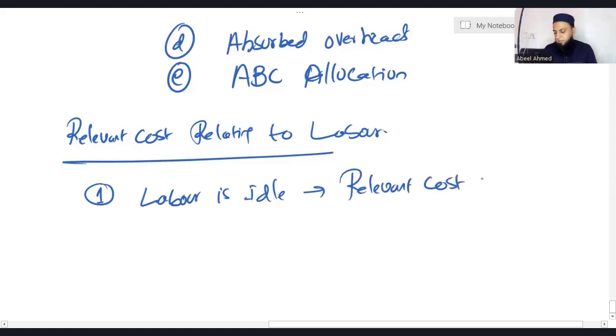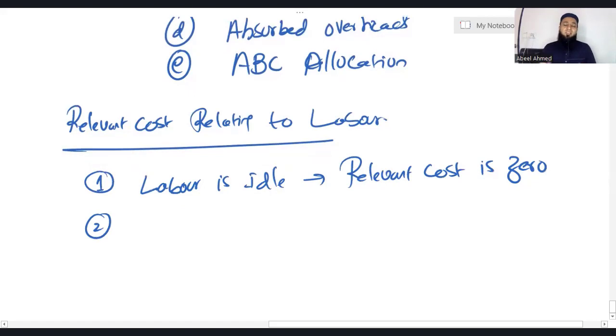So relevant cost is 0. For example, your existing labor is working at full capacity, and just assume that in order to opt that project, you want your existing labor to work on the new project.